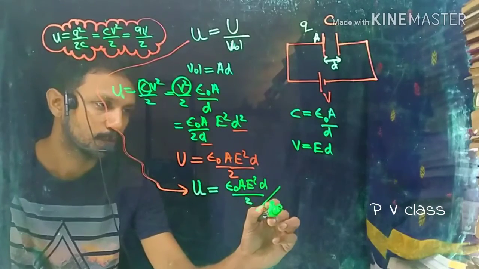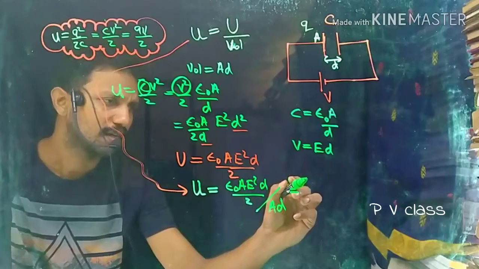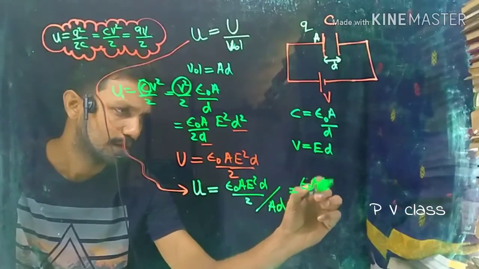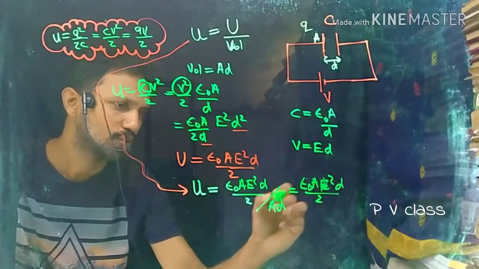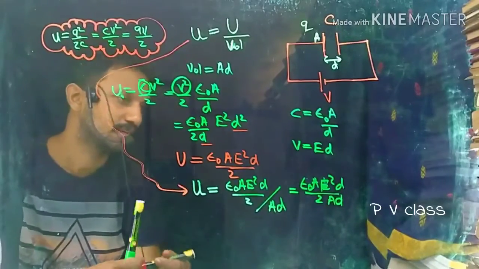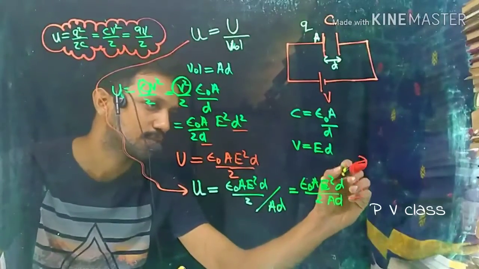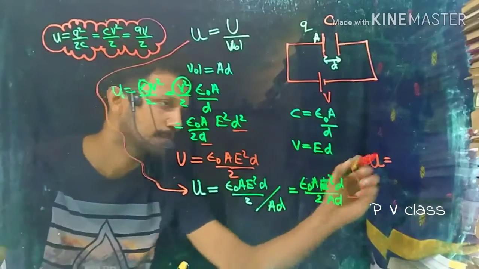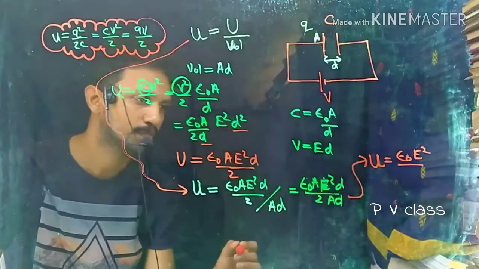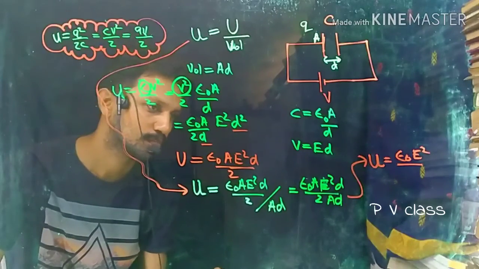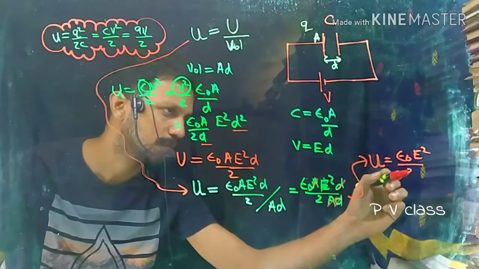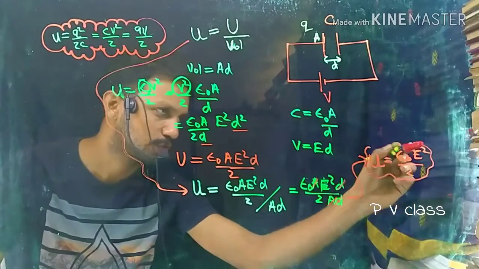Volume is A into D. Then it can be written as epsilon 0 A E square D by 2 into AD. Then A and A, D and D will get cancelled. As a result, we get the expression for energy density as epsilon 0 E square by 2. This is the expression for energy density.